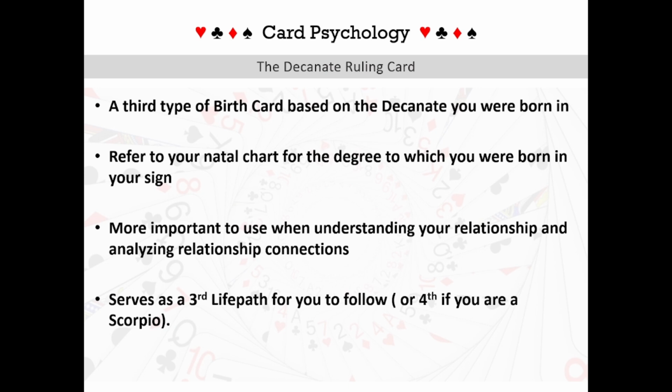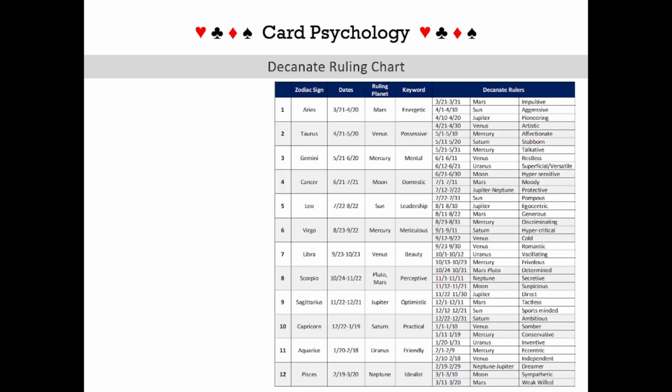So there's a couple ways to do it. I have charts I'm going to share with how to just find the decanate. For people that use natal charts, you're going to look at your natal chart, see what degree you were born in your sign, and they're separated into 3 decanates. This is a little cheat sheet that I took from What's Your Card by Arnie Lean, one of the originals writing this.